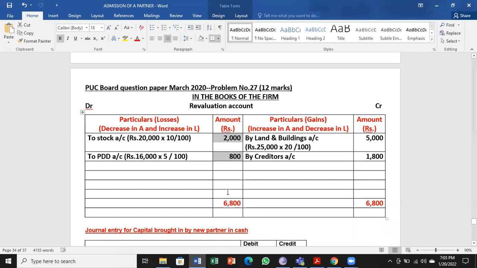So balance will come as 4,000. That 4,000 to be divided among old partners, capital accounts. It is a profit for the partners, or we can also call it as gain for the partners.